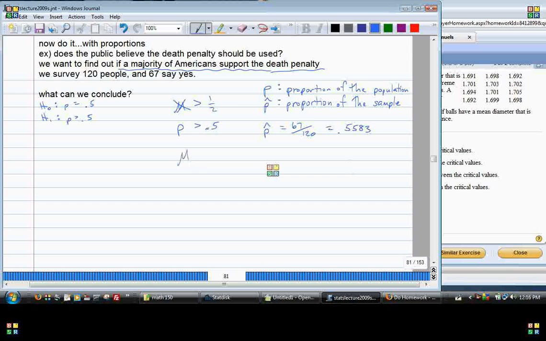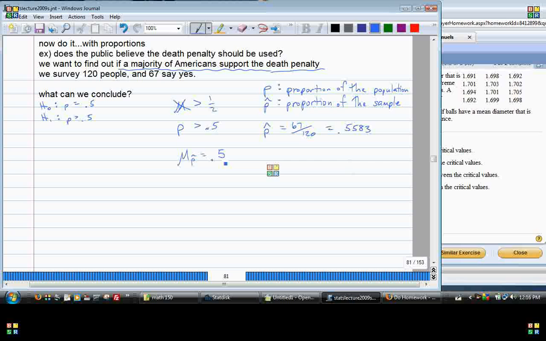It's mu for p hat. Now what is mu for p hat? Mu for p hat comes from where? It comes from p, the population, which is 0.5.